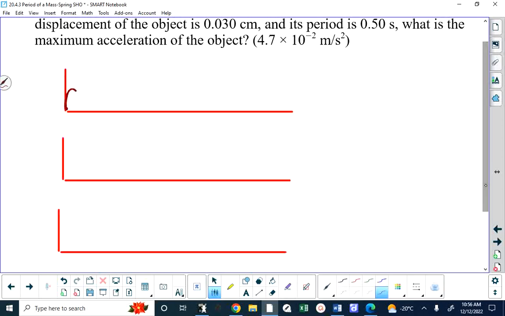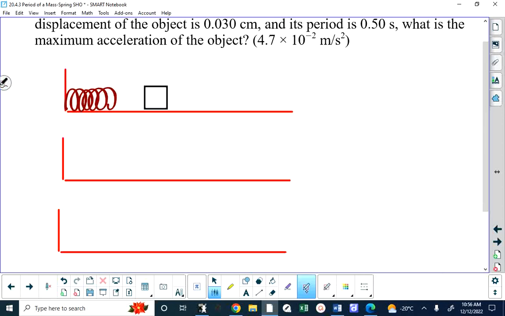So we've got that, and we have a box. And that's compressed as much as possible. So this is a point in the oscillation when it's stopped moving towards the wall and is about to change direction.